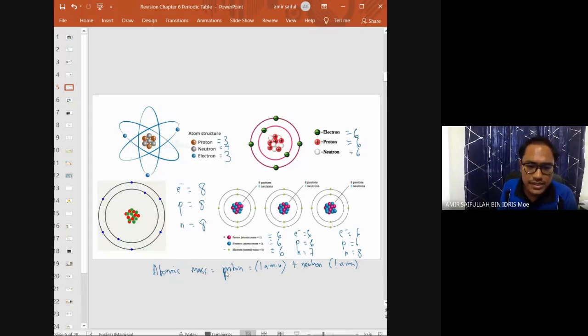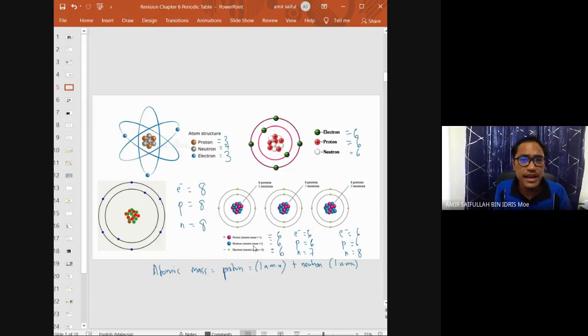So atomic mass is the sum of the proton's mass plus the neutron's mass in the nucleus. So it is known as atomic mass or the nuclear mass. The mass is here. How about the electron? Does it have mass or not?